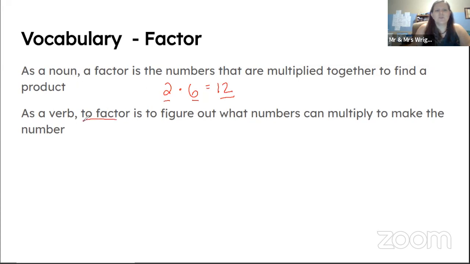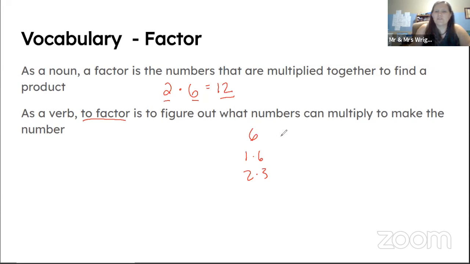So when you're told to factor something, or you're given the instructions to find the factors or to factor something, that means we need to figure out what numbers we can use to multiply to make that. So if we have the number 6, what are some factors of 6? Well, 1 times 6, those are factors, and 2 times 3, those are factors, okay?